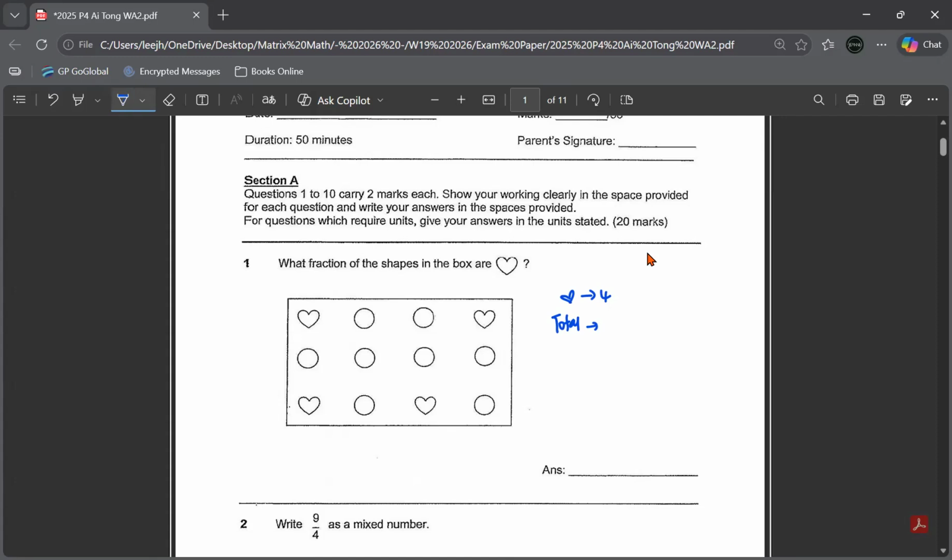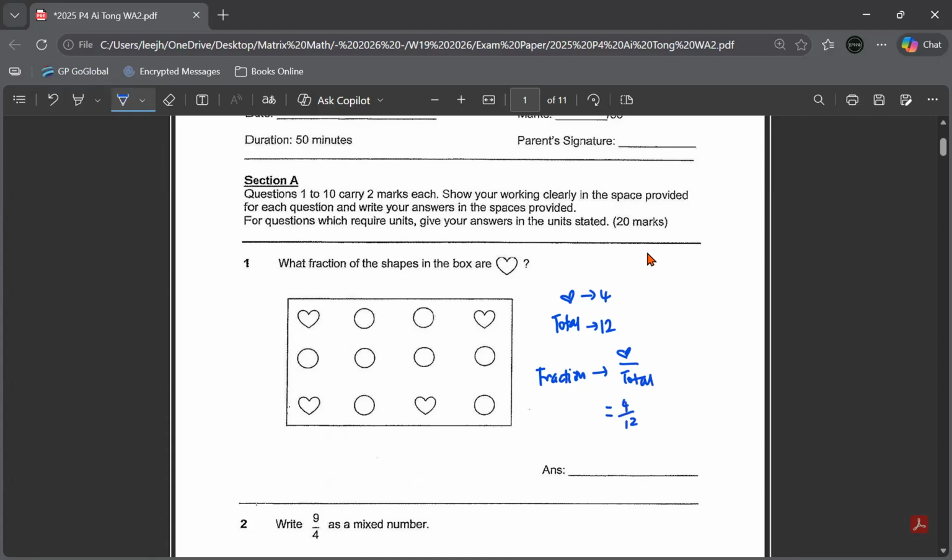So over here, we have 4 hearts out of how many shapes altogether? And when we count 3, 6, 9, 12, we have 12 shapes in total. So in order to express as a fraction, it means that it must be the heart over the total. So it would be 4 over 12.